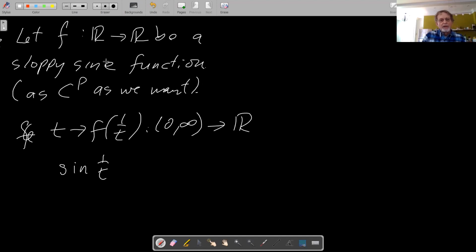I should also point out that, though you'd have to really dig into the calculus details, these sloppy sine functions are locally semi-algebraic. In fact, they're locally polynomial even. They're constructed piecewise using polynomials instead of bump functions.